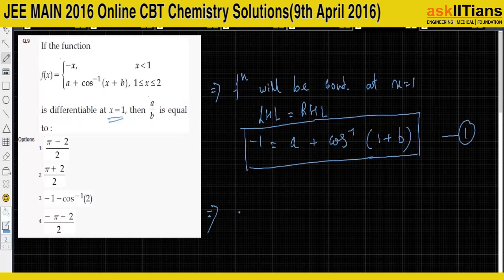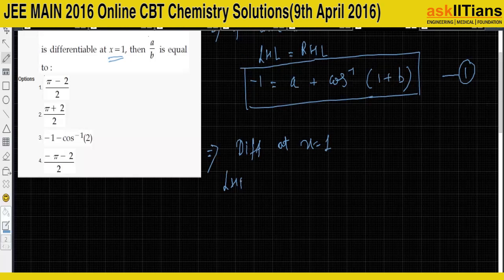Equation number 2 is that the function is differentiable at x equal to 1. So if the function is differentiable at x equal to 1, then at x equal to 1, the left hand derivative will be equal to the right hand derivative. So we can just differentiate this function. Let's find f dash x first, and then we can put the values.